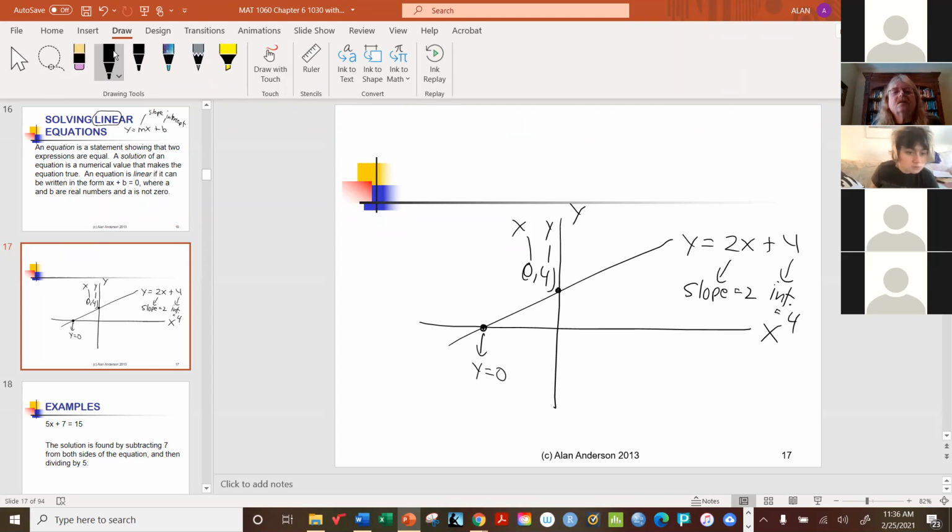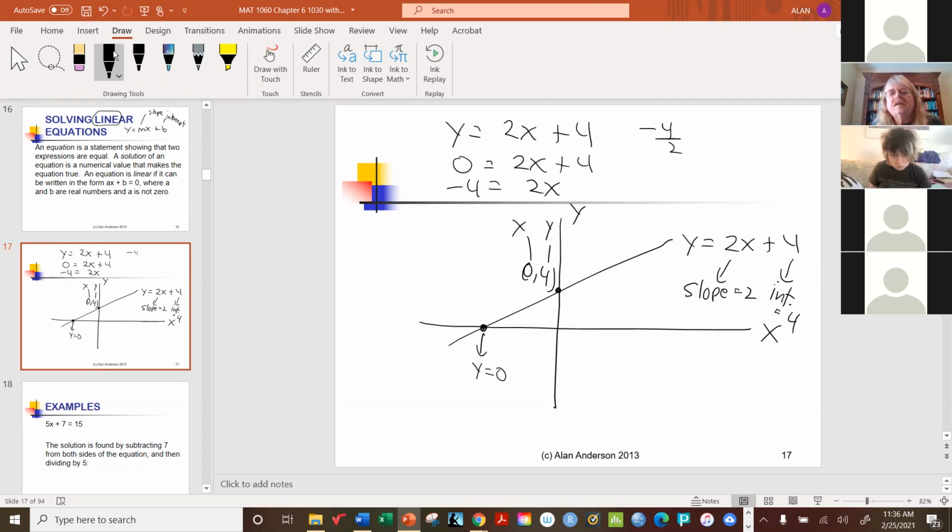So again, y equals 2x plus 4. If I set that equal to 0, I can solve by subtracting 4 from both sides. And now I can divide both sides by 2. So therefore, minus 2 equals x.